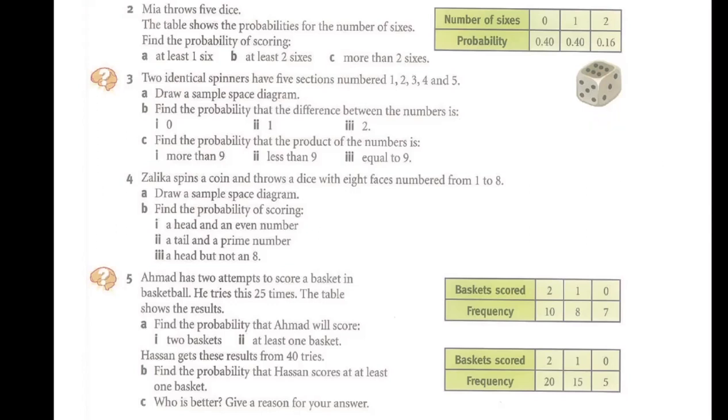All right, so when we spin it, the possible outcomes that we get, we need to draw in a sample space that looks like this. A sample space diagram looks like this, this is one of the spinner. 1, 2, 3, 4, 5. 1, 2, 3, 4, and 5. So a sample space diagram, we're just gonna do this. Well, we can do this, but there's a shortcut. Let's do this.